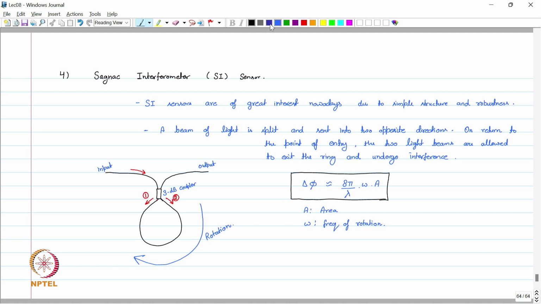And if we plot this phase shift with angular velocity, on the y-axis we have phase shift, and on the x-axis we have angular velocity.